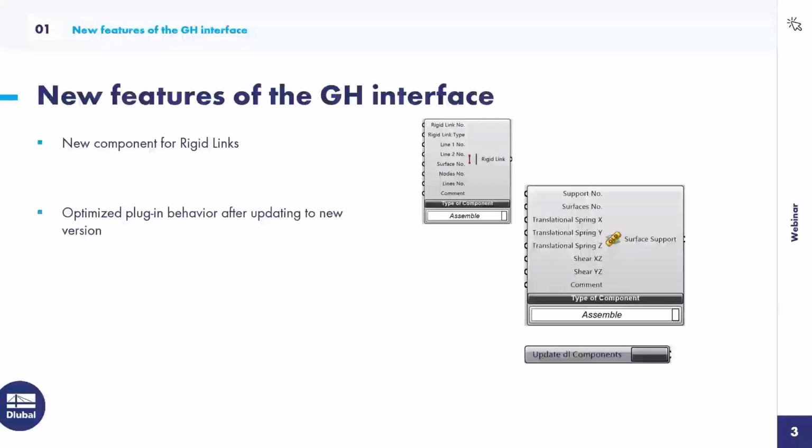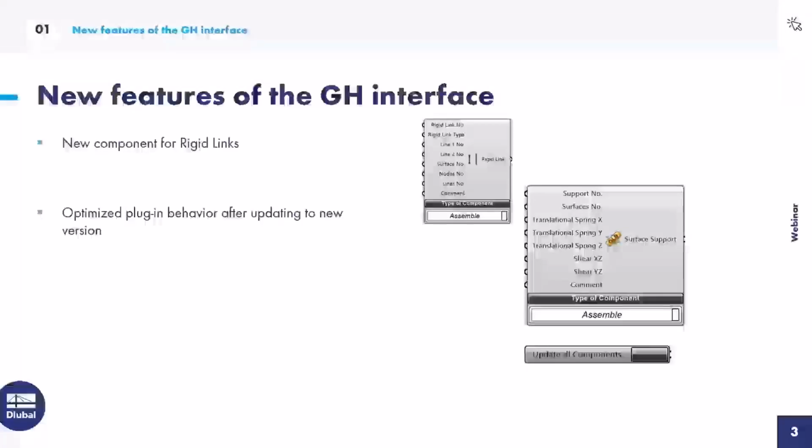And the last feature, in my opinion the biggest one and the one that I'm personally looking forward to, is an optimized plugin behavior when a new version of the plugin has been installed. When you opened an old Grasshopper project with a newer plugin version, it could happen that the connection wires were disconnected, at least for some components.